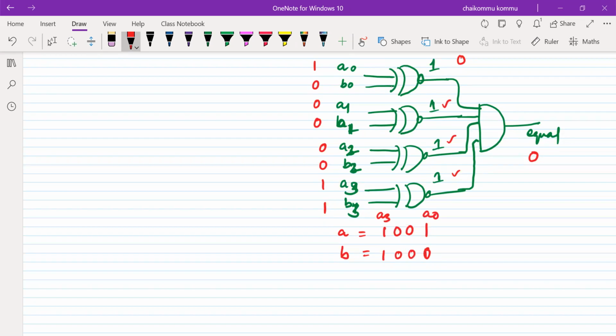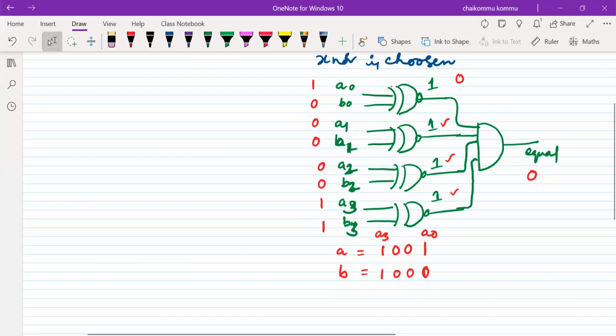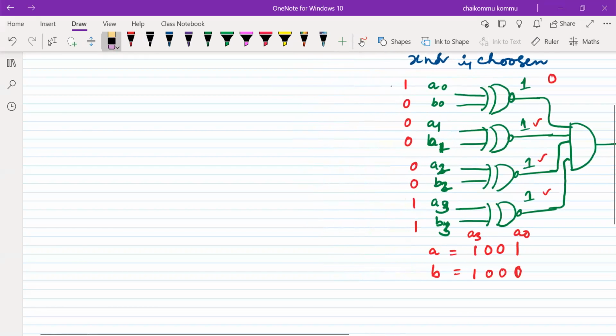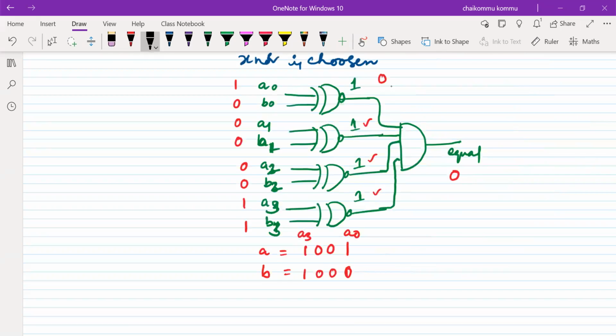Therefore A0 and B0 are not equal. If I take A0 and B0 also equal, for example 0, then all are equal to 1, therefore the function output is 1. This is the theory behind this. Now I want to describe this with the help of Verilog. So I have a gate level circuit.